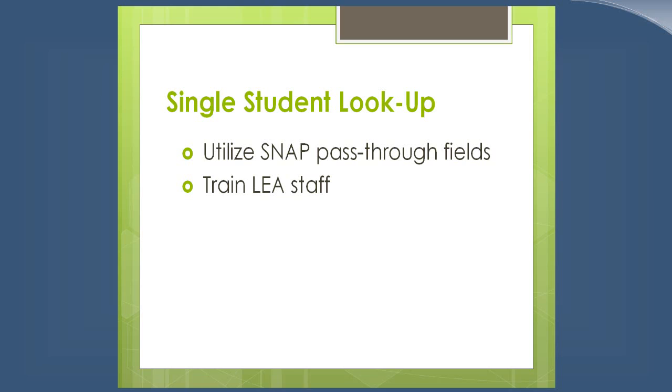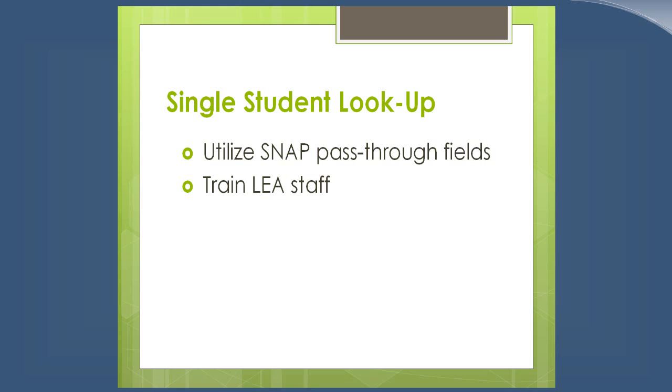And this is where I talked a little earlier about SNAP pass-through fields. One of the most effective things in a single student lookup is to capture those SNAP pass-through fields, which you as a state may not be utilizing in your algorithm, but could be passed through in a single student lookup in order to find some additional matches. One of the big things is a case number.